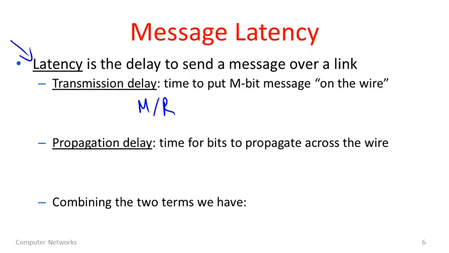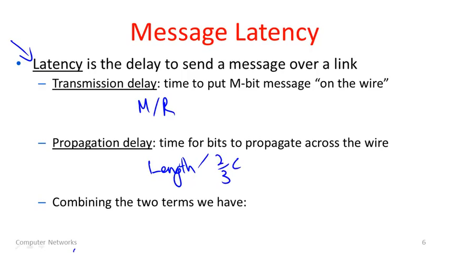Once bits get onto the wire, they have to go from the beginning, where they just entered the wire, to the other side. It takes a finite amount of time for signals to propagate down the wire, and that's related to the length. In fact, the propagation delay is given by the length divided by the speed at which signals propagate in the media. For most wires and fiber optic media, 2/3 of the speed of light is a good example.